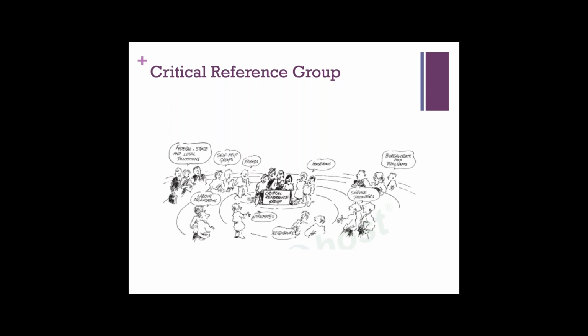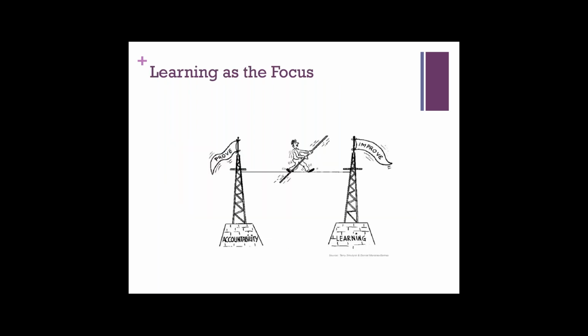And so the type of information we collect and the methods we use should match that critical reference group and should allow us to gather information directed towards that group and really allows learning to be the focus.